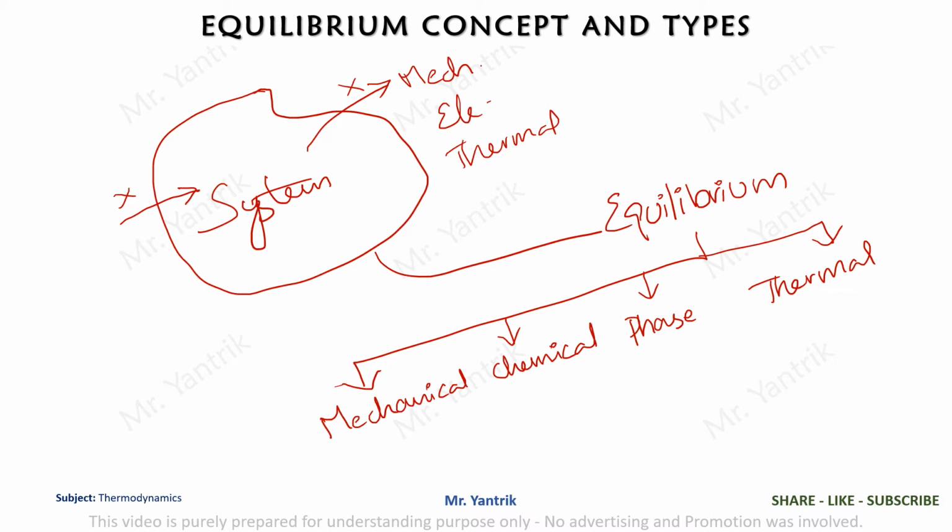Coming to the individual types, what is mechanical equilibrium? Mechanical equilibrium is nothing but no change in pressure gradient, no change in physical elements like pressure, velocity, etc. If there is no appreciable change with respect to the system, that is, in whatever pressure we are getting inside.